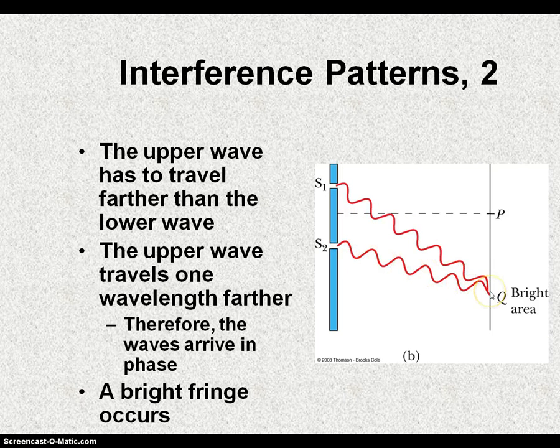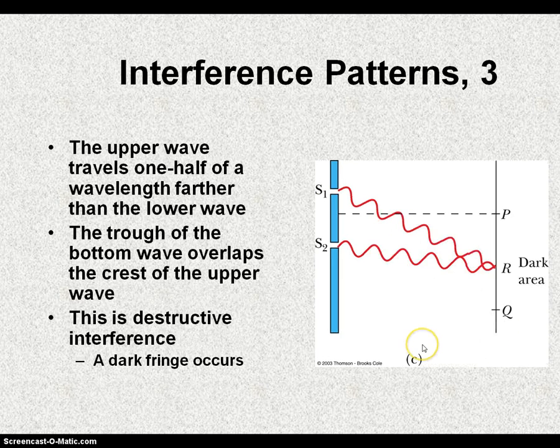So they still arrive in phase. This one just arrives a wavelength ahead of this one, but they arrive in phase, and therefore you see a bright fringe. Okay, then you can imagine there would be another fringe down here where this would have to move two wavelengths exactly further. Okay, and so we'd see another bright fringe.